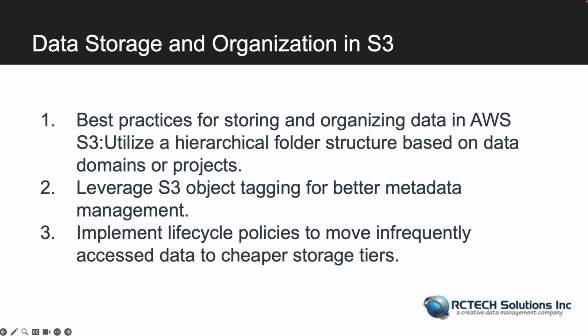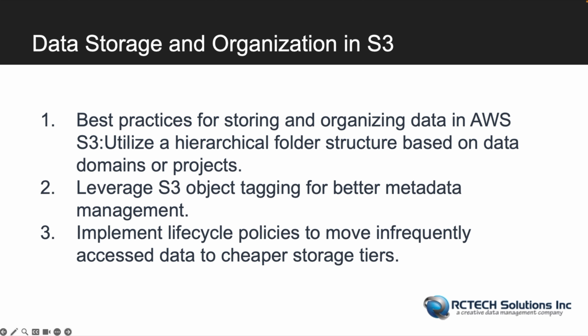Number two, objects. Objects are the individual units of data stored in S3. An object consists of the actual data, a unique key, for example a name that identifies the object within the bucket, and metadata, optional key value pairs that provide additional information about that object.